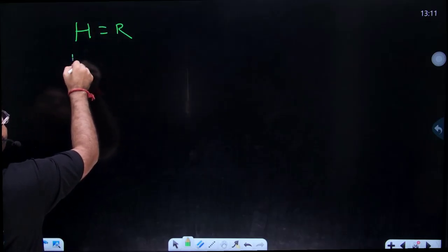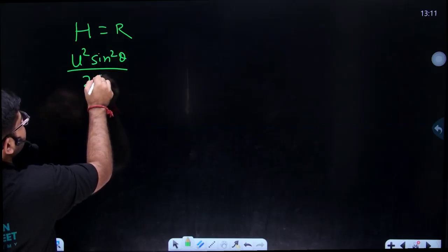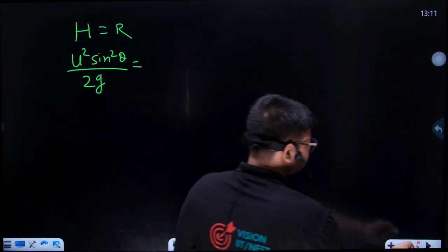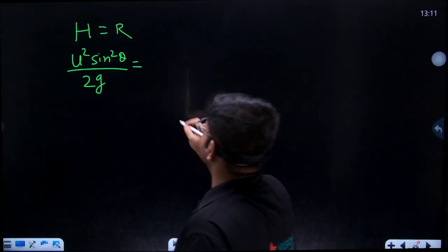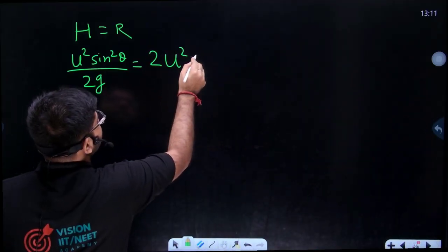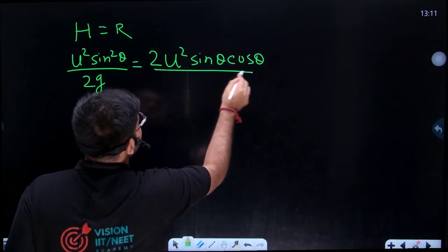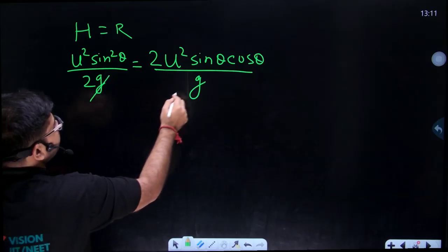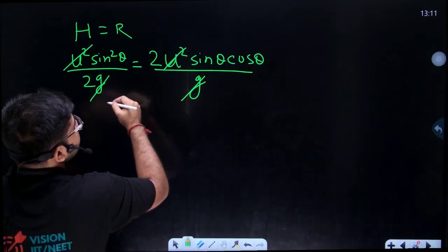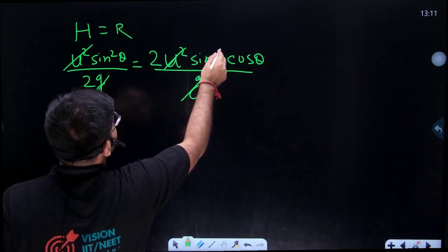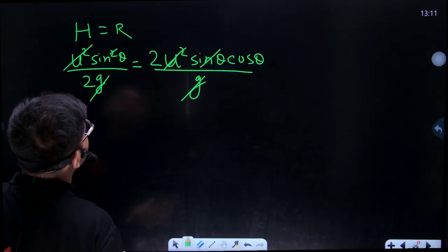So that means u square sin square theta by 2g is going to be equal to, what was my r? 2u square sin theta cos theta by g. g gets cancelled, u square gets cancelled, a sin theta gets cancelled. Yes, so you have tan theta.